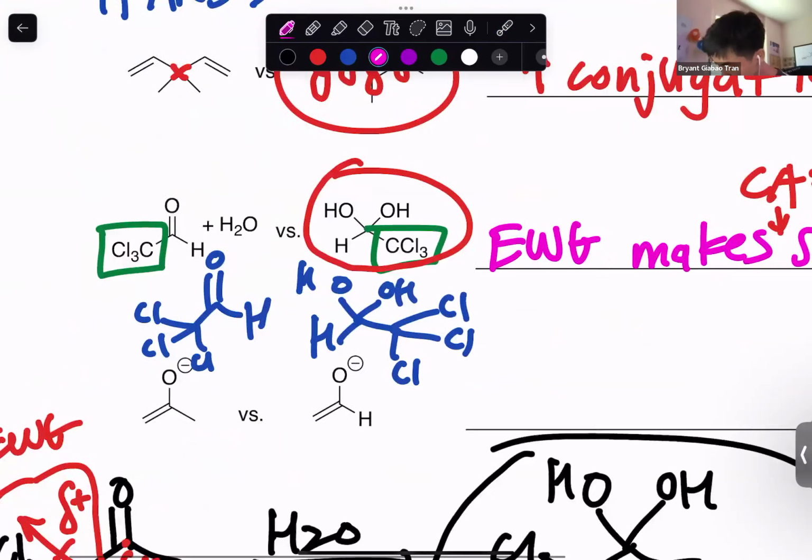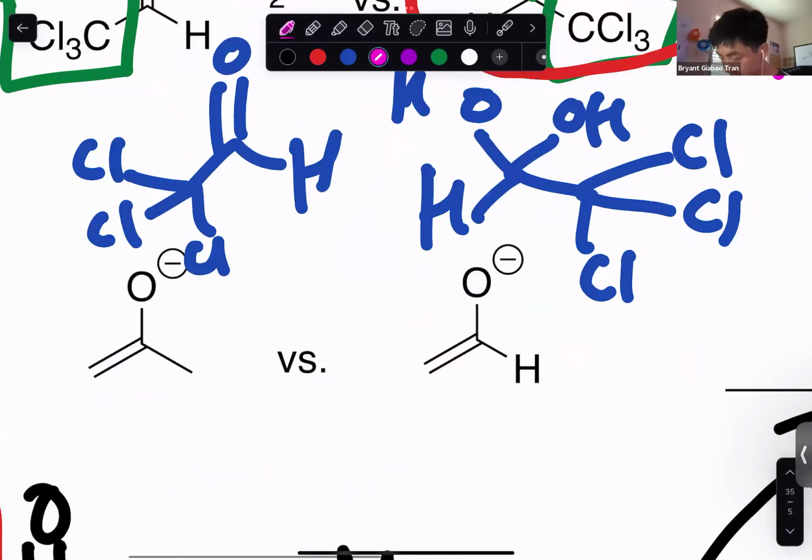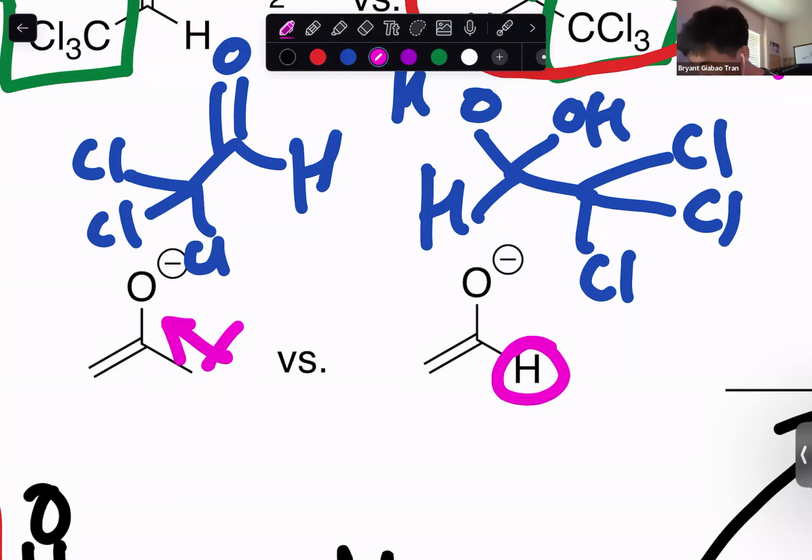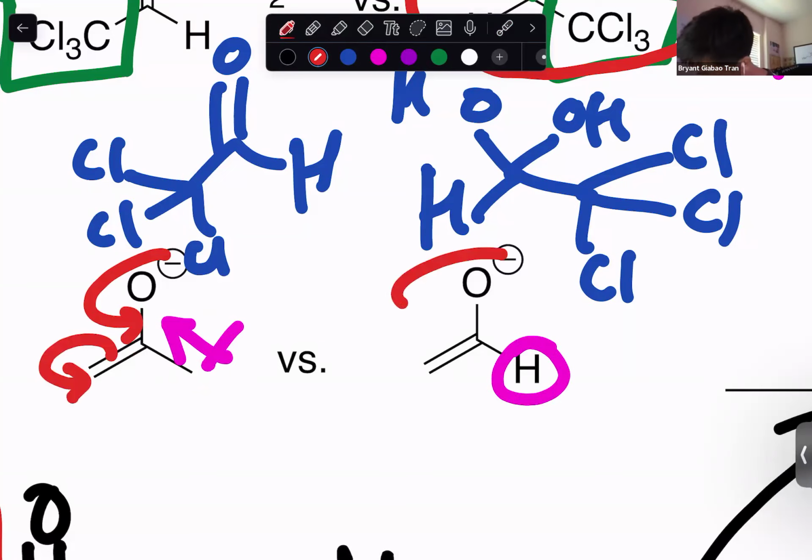Okay, next one. So this one right here is going to talk about the inductive effect of the R group. We know that this R group here donates electrons inductively, just naturally. The H atom here is not an EDG, not an EWG. It doesn't do anything. And we know this is an enolate ion right here, which can do resonance like that.